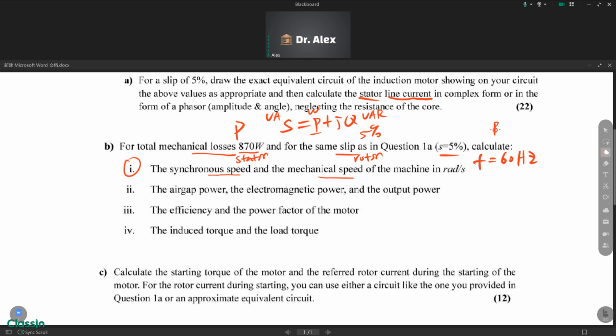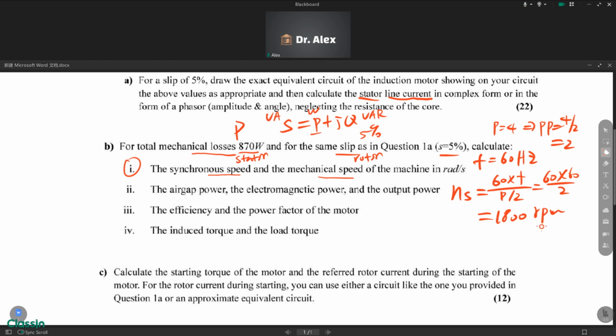We also get the pole number as 4, which is 2 pole pairs. So we can directly get the synchronous speed for the stator, which is ns equals 60 times f divided by p divided by 2. So it's 60 times 60 divided by 2, which is 1800 RPM. RPM means revolutions per minute.